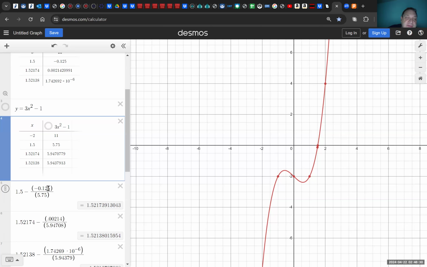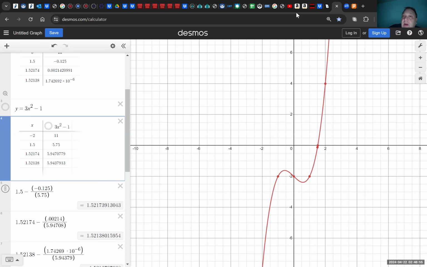Here's the value of the function divided by the value of the derivative. 1.5 is our x value. If I plug it into the function, I get negative 0.125. That's the top part. And the derivative is 5.75. That's the bottom part. I do the math and I get a better guess. My better guess is 1.521739. I think Desmos gives nine decimal places of accuracy, something like that. So there's my next better guess.